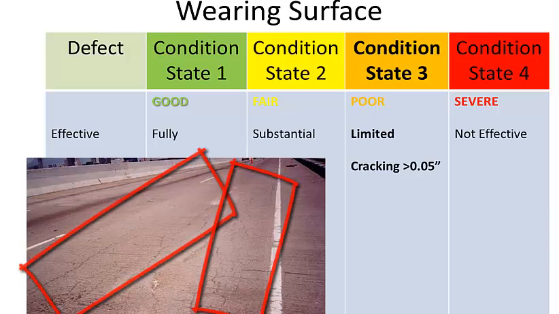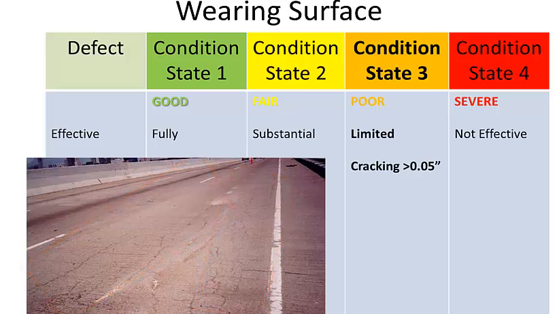If there's just one crack running the whole length, you could just do a 1 foot width along the length, that 1 foot times the length. But if they're spaced within 3 feet here, just try to get an area that's repeatable and quantifiable. So the lane lines are going to be helpful there. And if it's no longer effective, again, dump it into state 4.